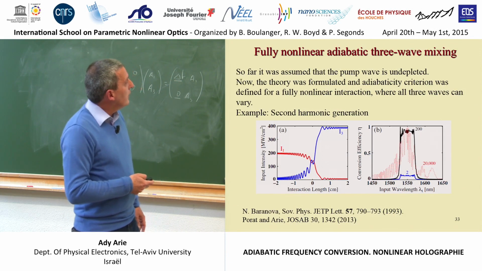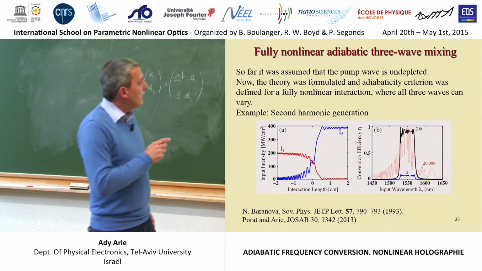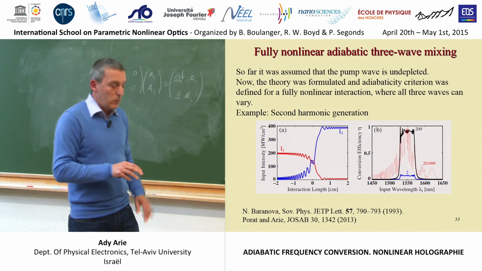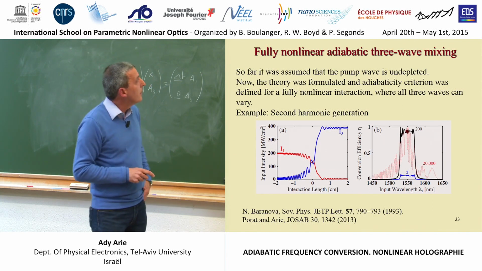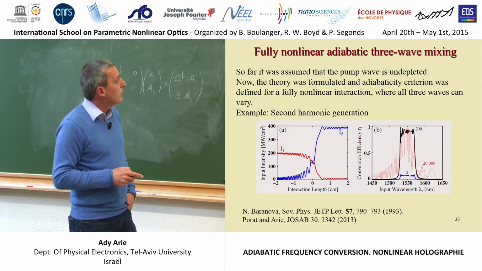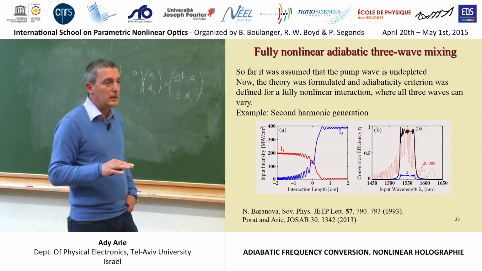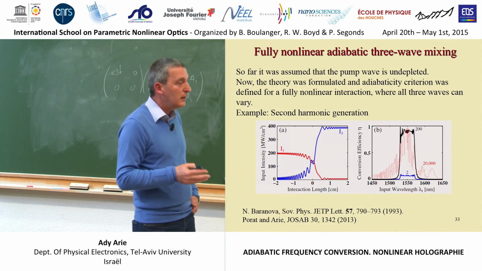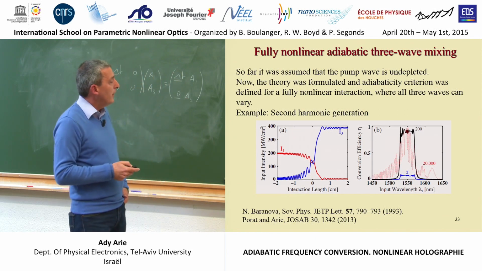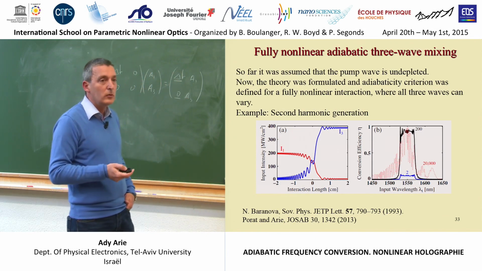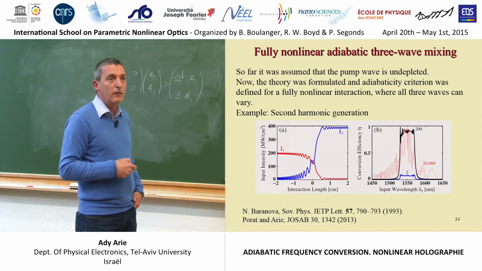Okay, so I should say now, so far we assumed that there is a pump which is undepleted. But in fact, recently this theory was extended by Gil Porat. And now we don't have to use this assumption anymore. So we can have full conversion.